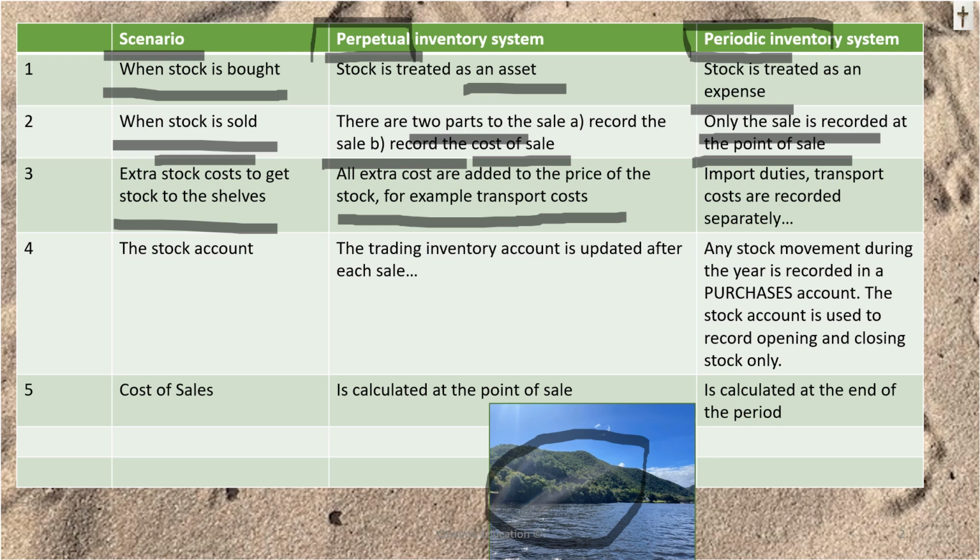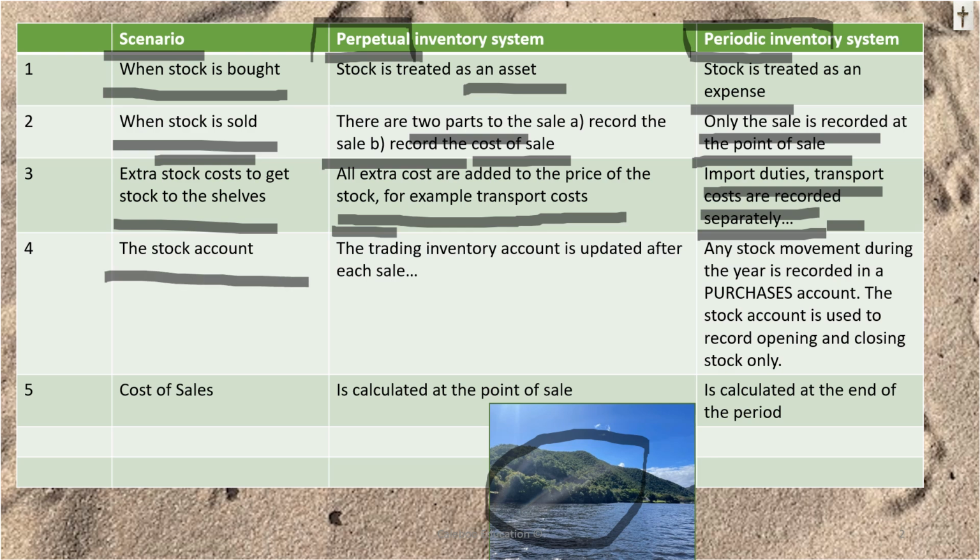But in the periodic inventory system, carriage inwards, import duties, etc., are all recorded separately. So in the perpetual, all these little extra transport costs and taxes are added to the cost price of the stock. In the periodic inventory system, all these extra costs are recorded separately.